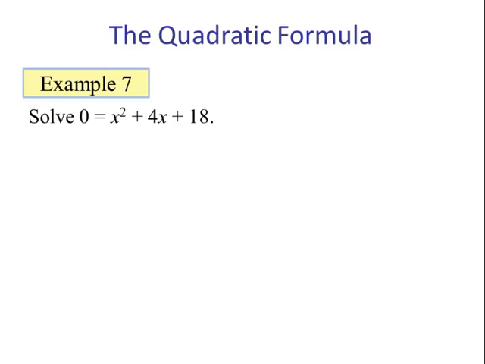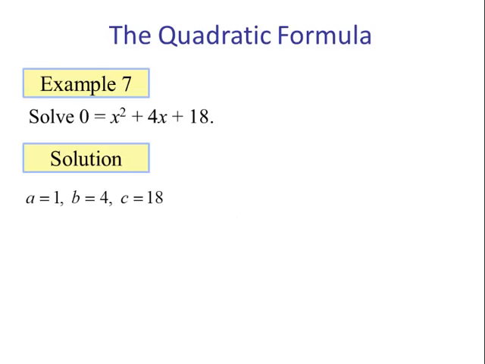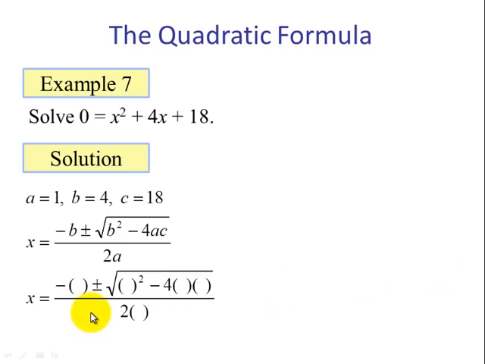Example 7. Solve 0 equals x squared plus 4x plus 18. Solution: in this case, a is 1, b is 4, c is 18. So using our quadratic formula, 4 will go here and here, 1 will go here and here, and 18 will go here.